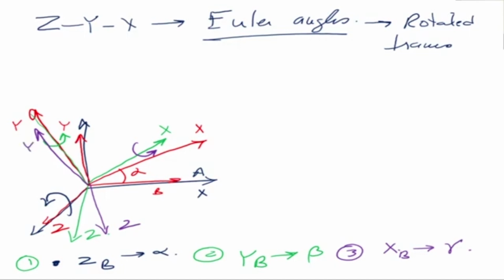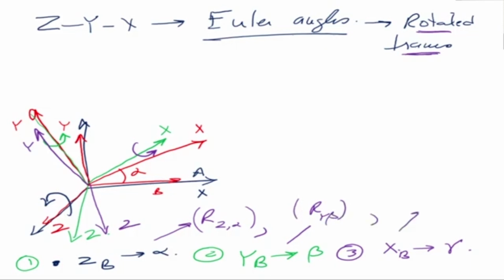Right. So what we did is we rotated about the Z axis, then about the Y axis, then about the X axis, but of the rotated frames. Please note that. Now we have three rotation matrices: R Z alpha, R Y beta, and R X gamma.